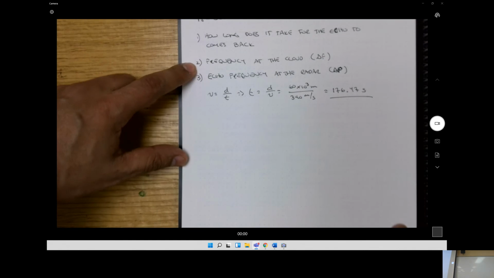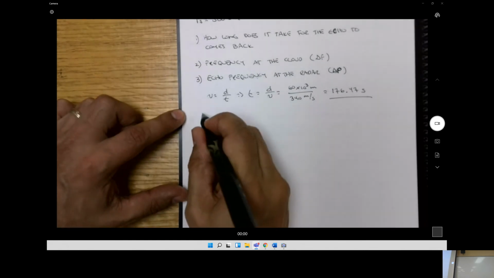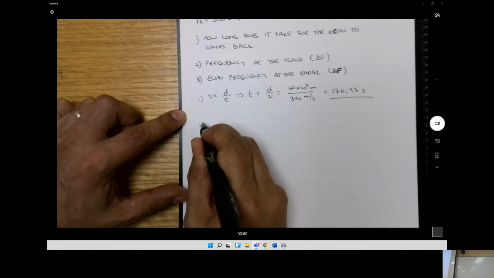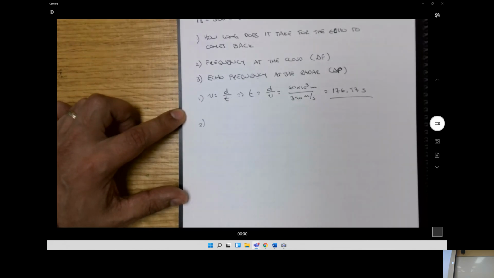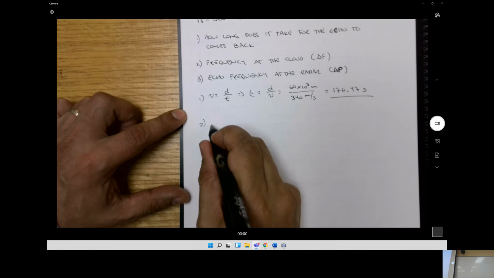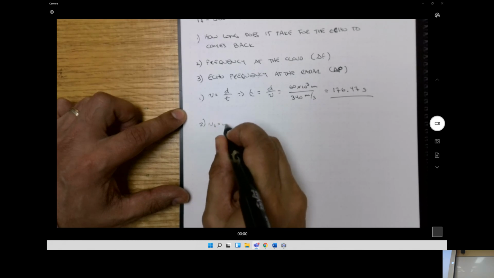Now I'm going to do part number 2. I want to find out the frequency of the cloud. Here I'm going to assume that the velocity of the source is 0.